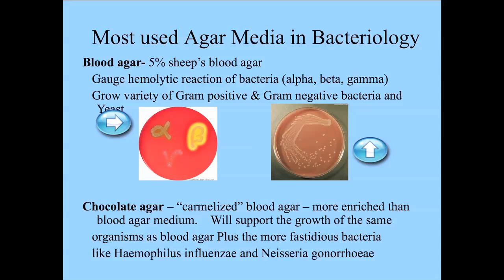So the blood actually cooks and caramelizes, making it this brown color. It is then filtered and poured into the agar plates. This media is more for fastidious organisms and is more enriched than your regular blood agar plate. It will grow organisms such as Haemophilus influenza and Neisseria gonorrhoeae that your blood agar plate will not grow.